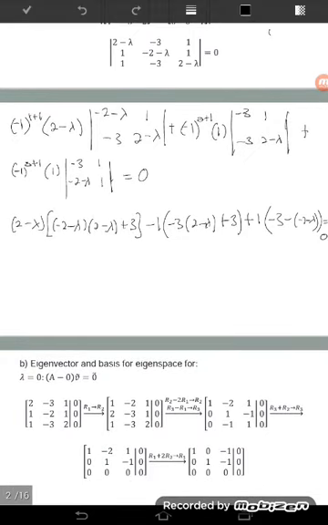Okay, so calculate. You will have here 2 minus lambda, and inside this one you need to expand: negative 2 times 2, negative 4, negative 2 times negative lambda, positive 2 lambda. Then negative lambda times 2, negative 2 lambda, and negative lambda times negative lambda, positive lambda square, plus 3.